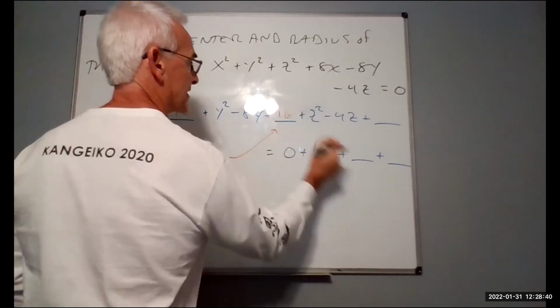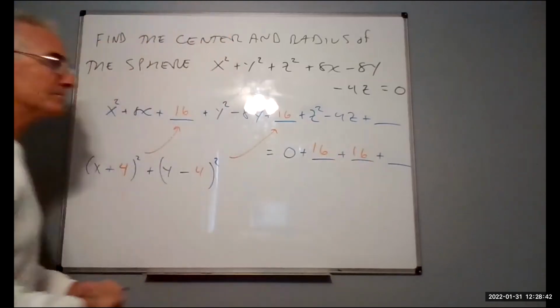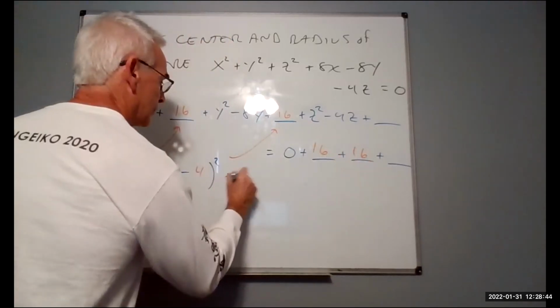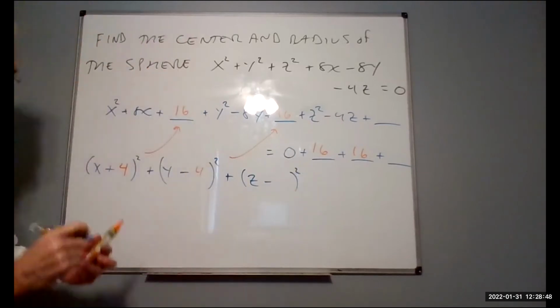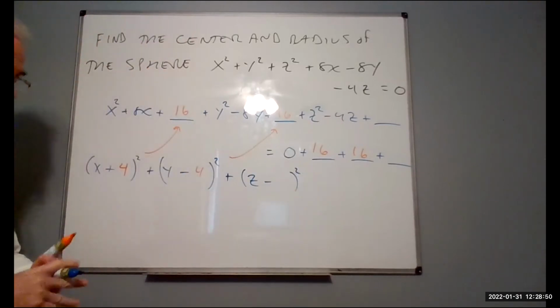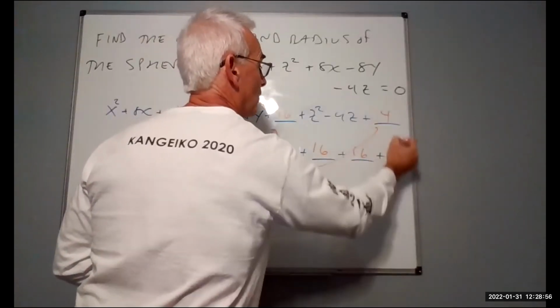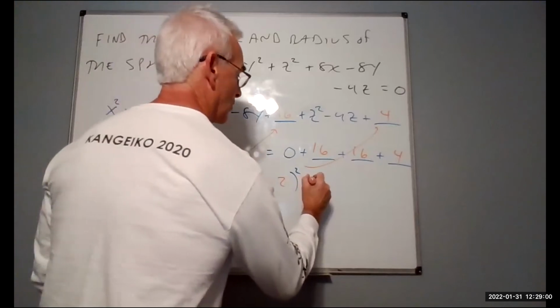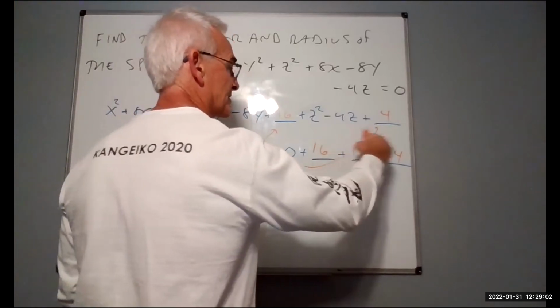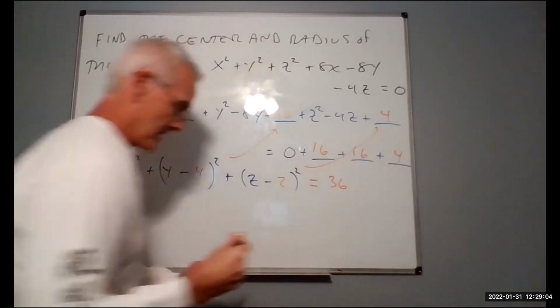So here again, I have 16. Plus z minus what? 2. And that's going to be a 4. So this is all equal to 16 plus 16 plus 4, which is 36.